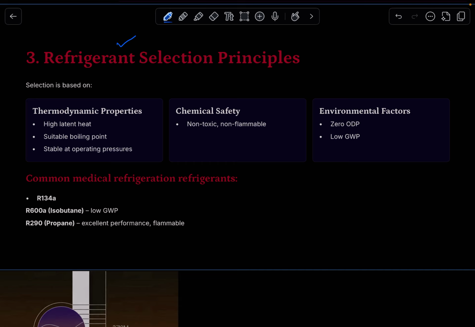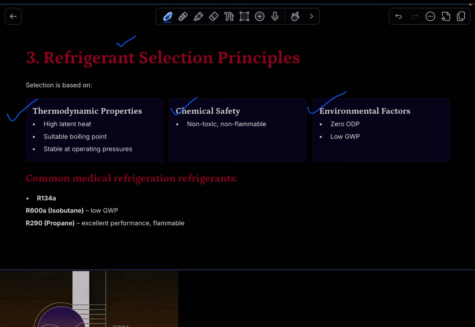And that selection of the refrigerant would be based on different parameters or different properties. One is the thermodynamic property, another is the chemical property, and then there are some environmental issues which also need to be kept in mind while selecting the refrigerant.